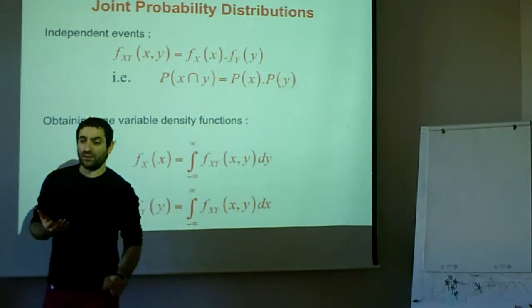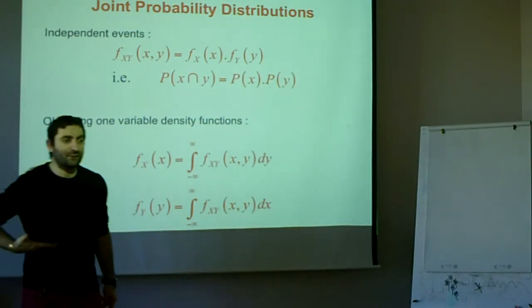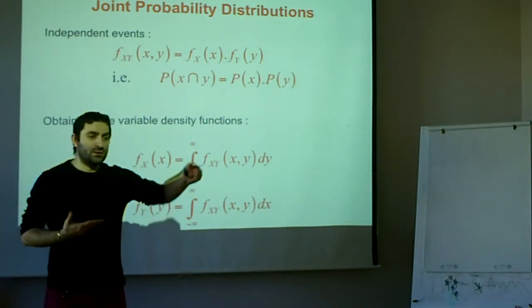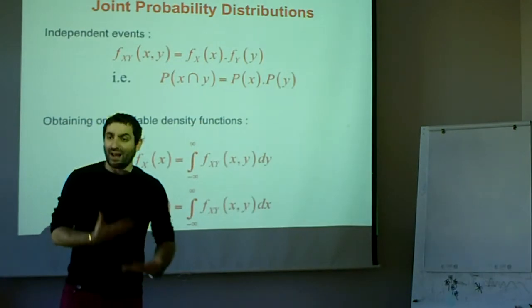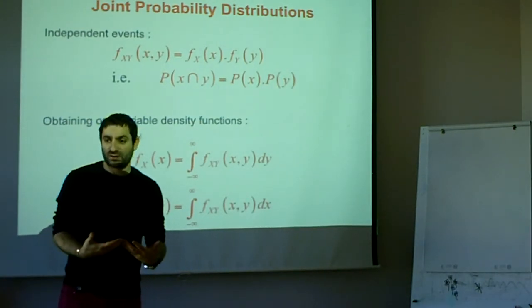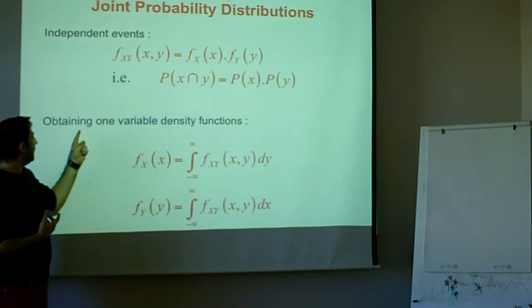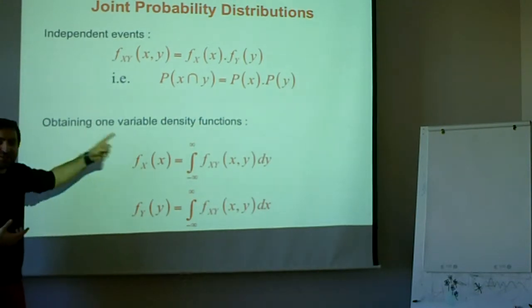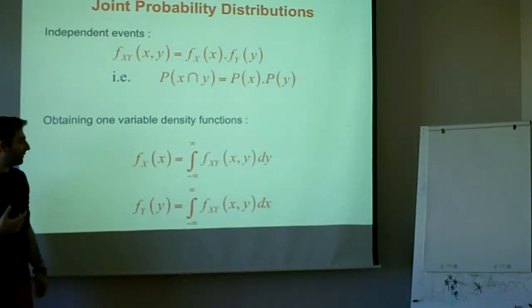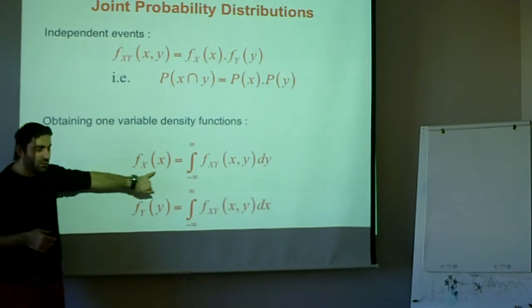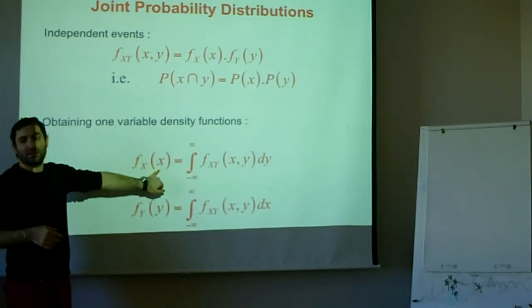In other words, I want to know the distribution function of x and the distribution function of y. Although I have the distribution function of both of them at the same time, in order to find each of the density functions or distribution functions, what I do is use an integral.